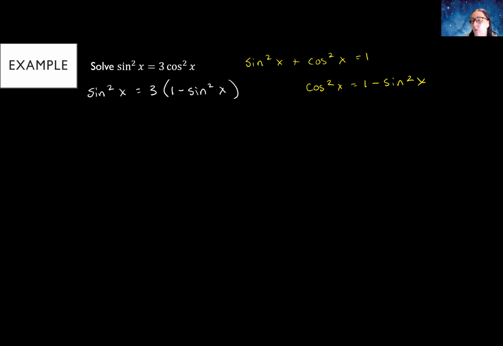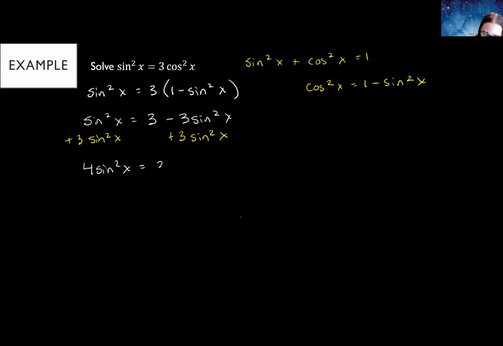And now we have only sine in here, so we want to get those together. And first I need to distribute the 3. So I have sine squared x equals 3 minus 3 sine squared x. So I'm going to add 3 sine squared x to both sides to collect my sine squareds together. And that gives us 4 sine squared x equals 3.